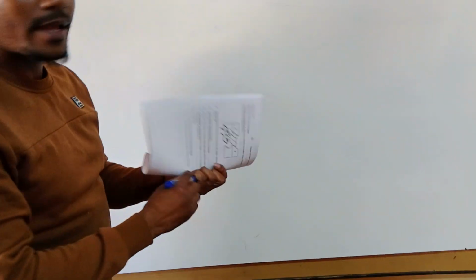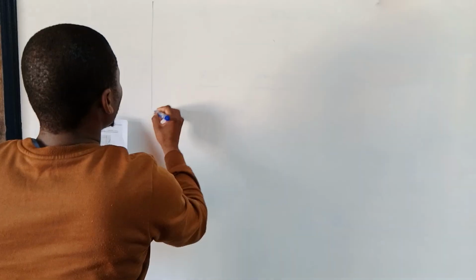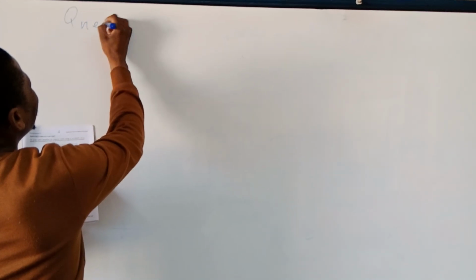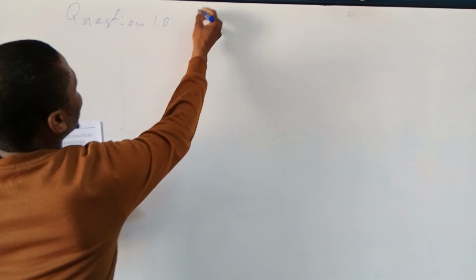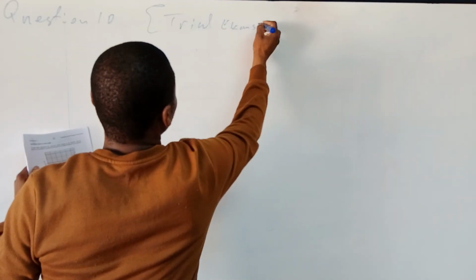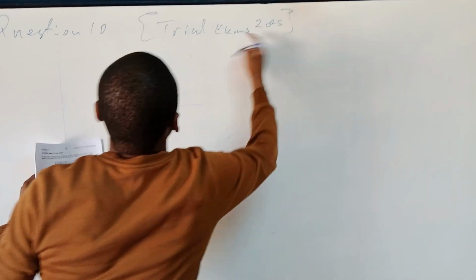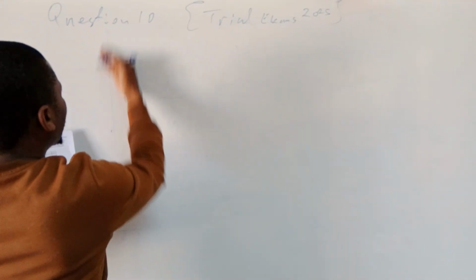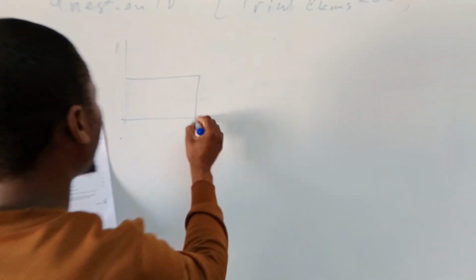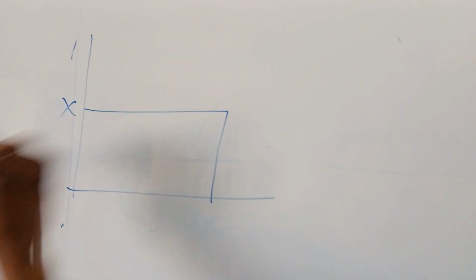Okay, let me write for you. This is question 10, trial exams 2025. We have a graph on the question paper of this nature. We have an X there.